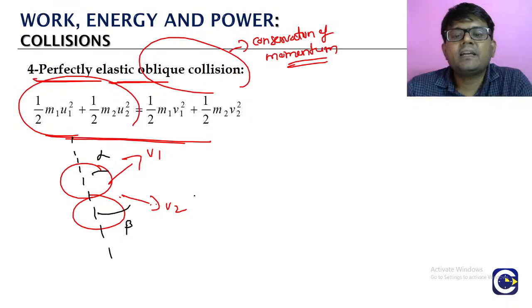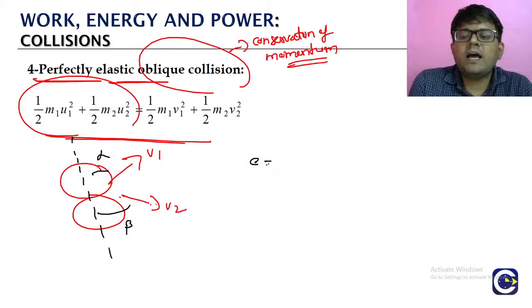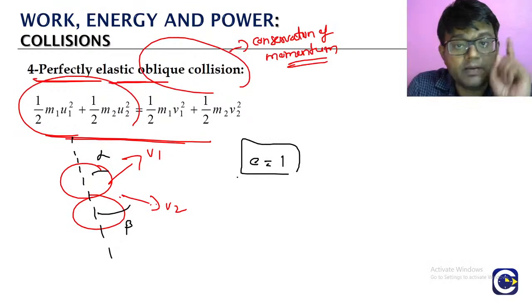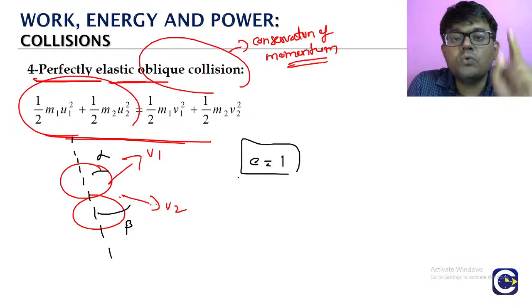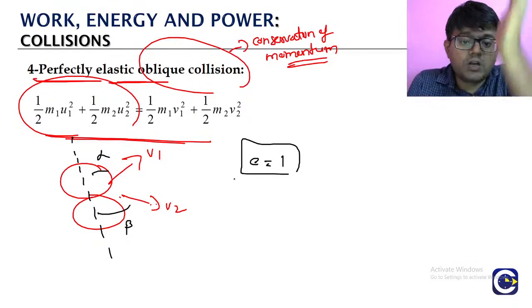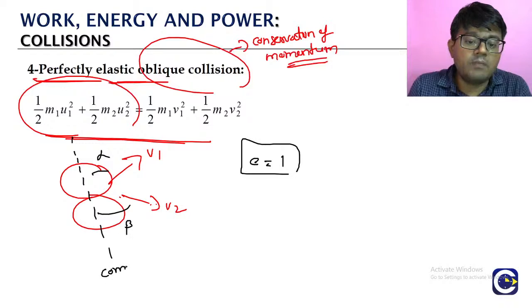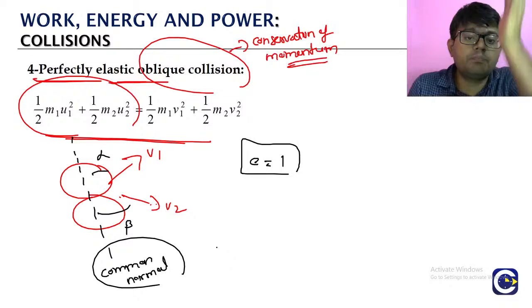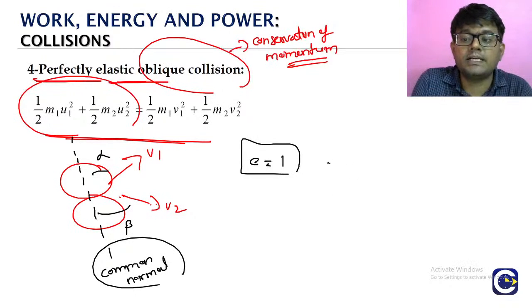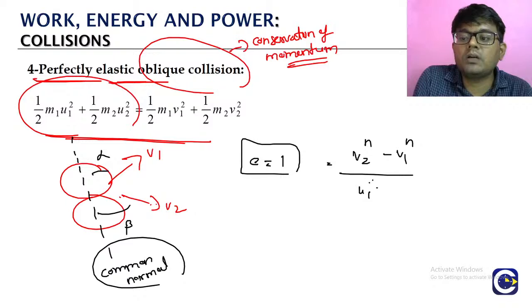Since it is perfectly elastic, the e value will be equal to 1. But here what do we need to keep in mind? That e will be only defined for the components of velocities along the common normal. It is the v2 normal component minus v1 normal component, divided by u1 normal component minus u2 normal component.